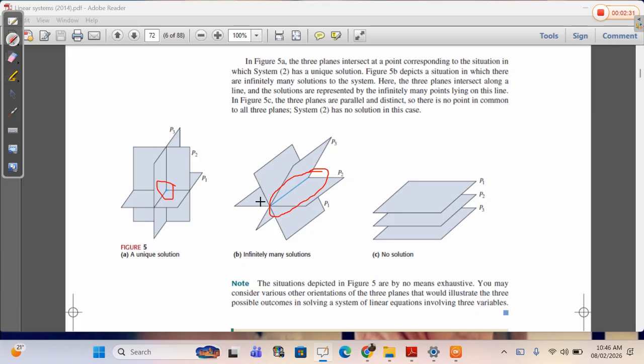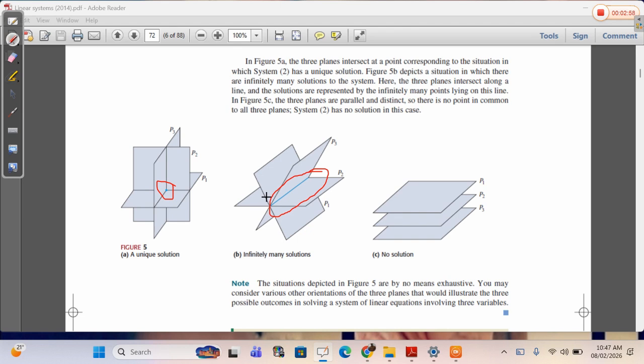If you look at the previous two methods, whether Cramer's rule or the inverse method, we have not discussed in detail the types of solutions. Whereas in the rank method, first we will discuss how the solution will be, and after that, we will find out what the solution is.